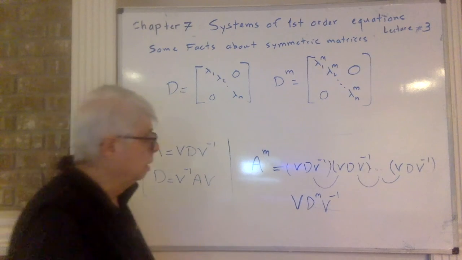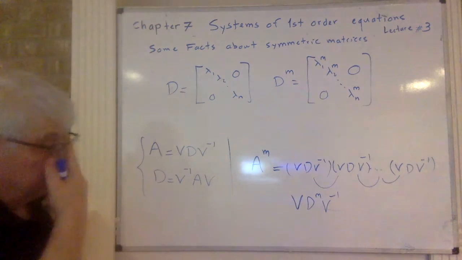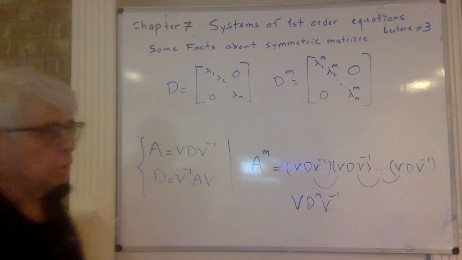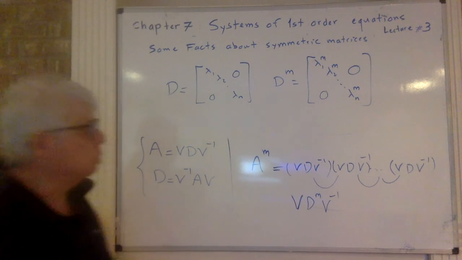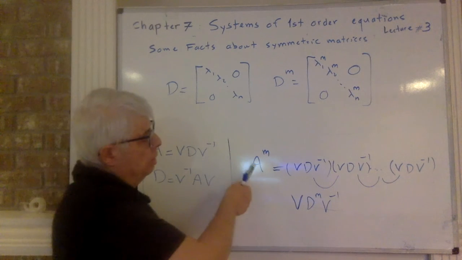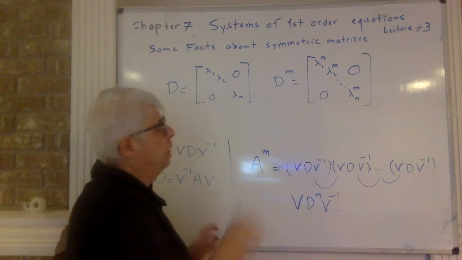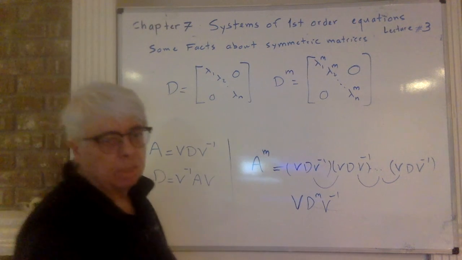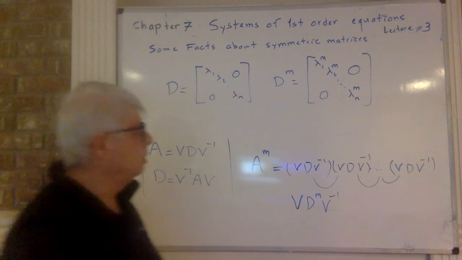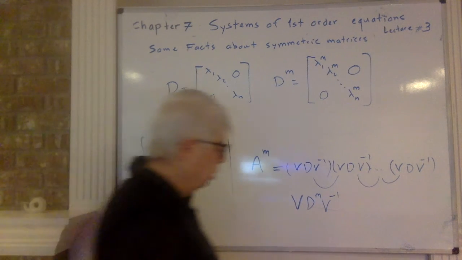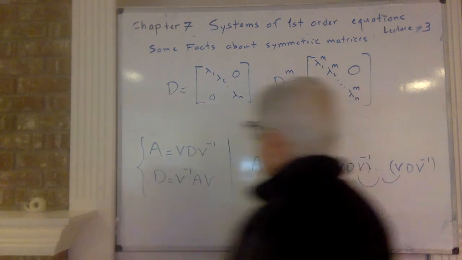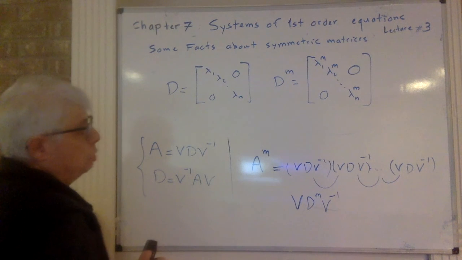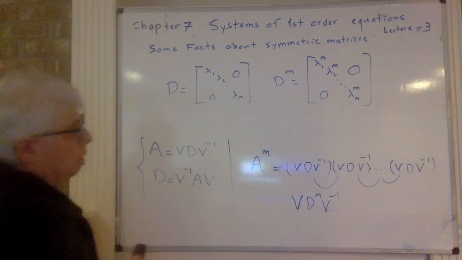Just raise the diagonals to power m, and that's all you have. It also tells me something else: the eigenvalues of A to the m are in fact lambda i to the power m, and the eigenvectors are the same as A. So that's one place it is used, when you raise a matrix to some power.